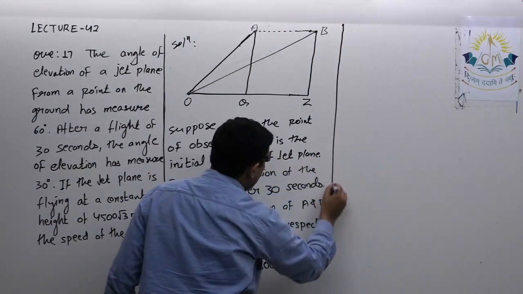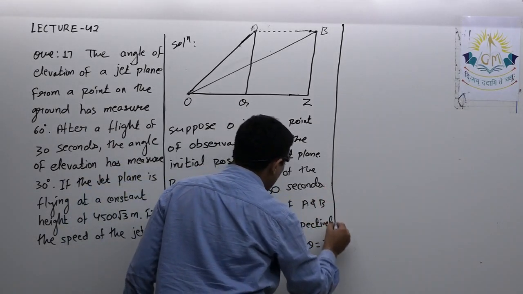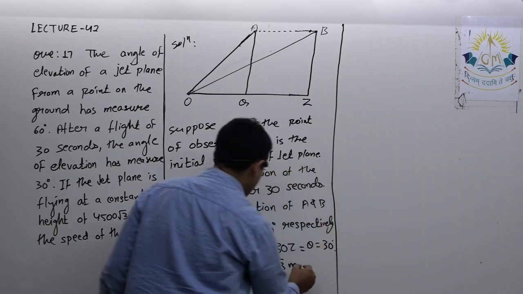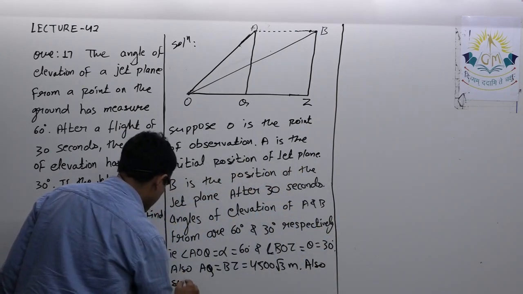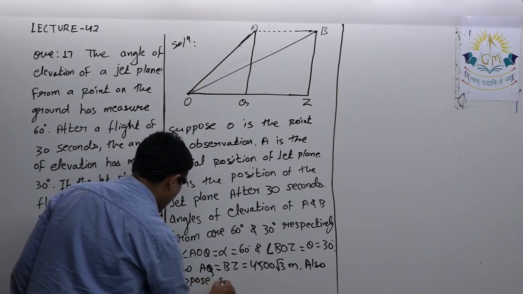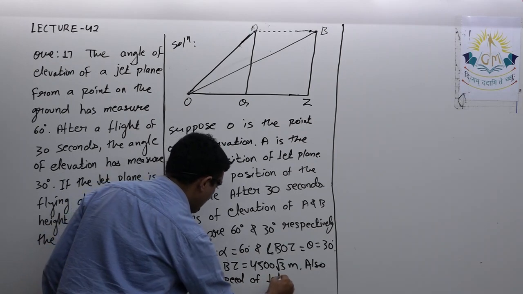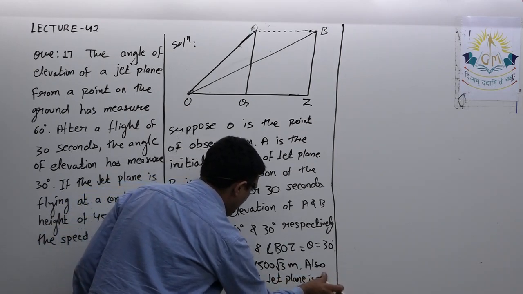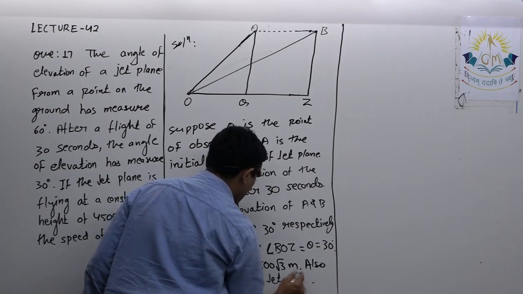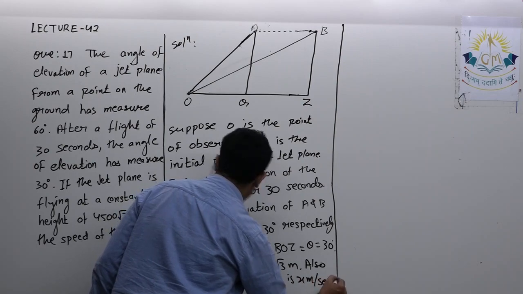We have to find the speed of the jet. So we'll assume let the speed of jet plane be x meter per second.